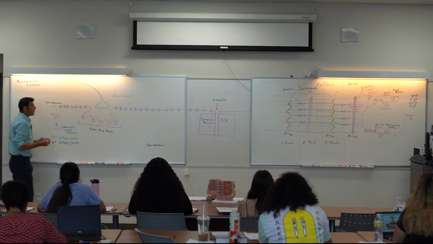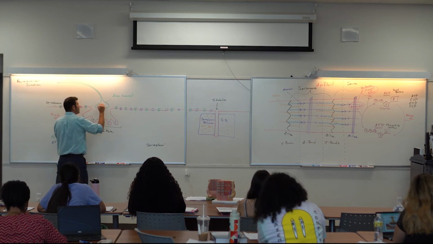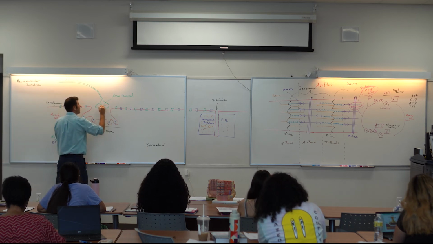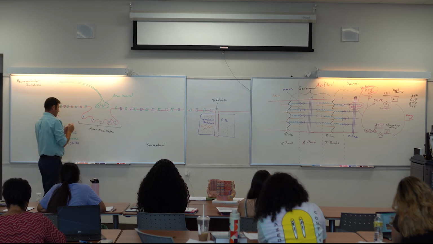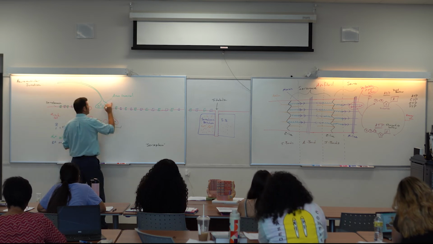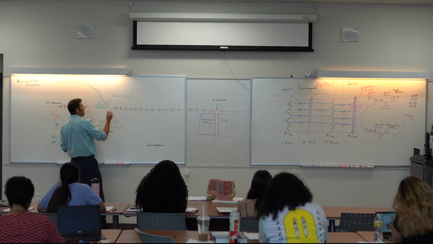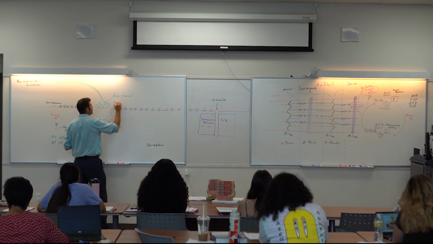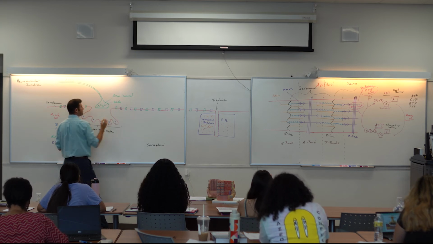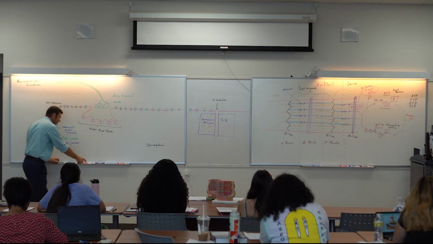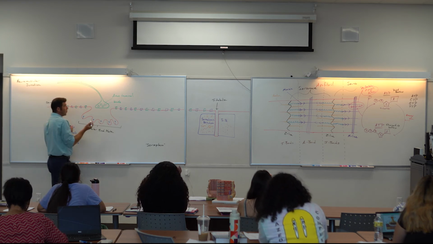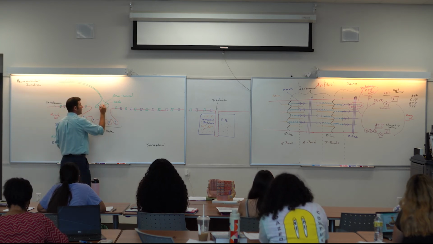That axon terminal is actually going to be filled with vesicles. This is a vesicle. Once again, we know cells package proteins up in these little vesicles. These vesicles at the ends of neurons are going to contain neurotransmitters, these chemical signals that are produced by neurons.